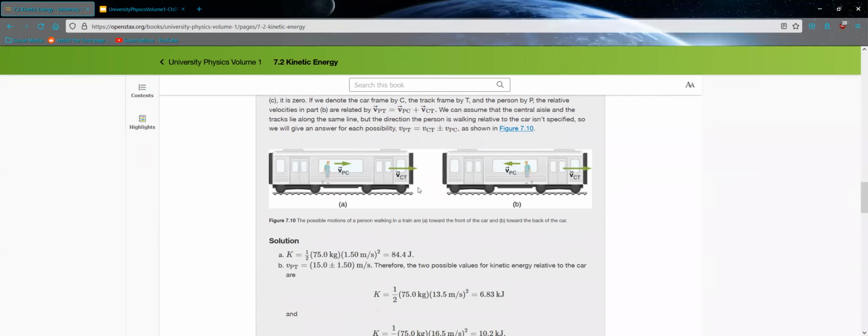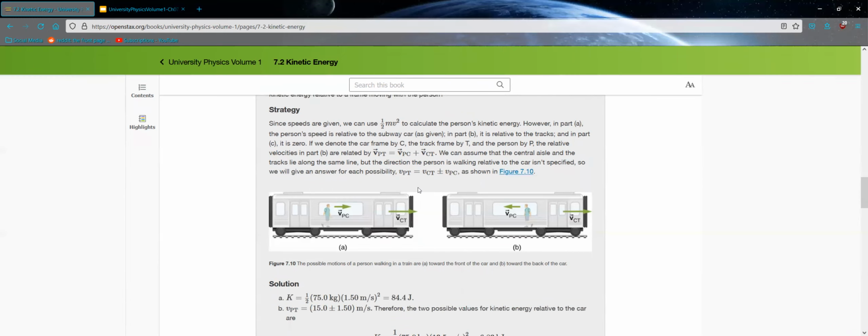If the person is moving and the car is not moving, then the person's is the only velocity we need to care about. So the kinetic energy is equal to 1/2 times its mass, 75 kilograms, times its velocity squared, which is 1.5 squared. The person, given that the car essentially is not moving relative to the person, has 84.4 joules of kinetic energy when he's moving.